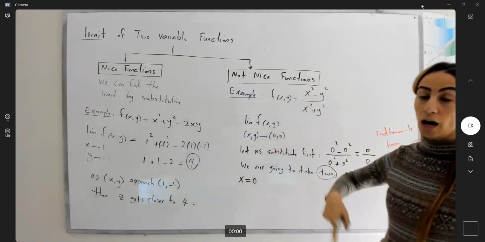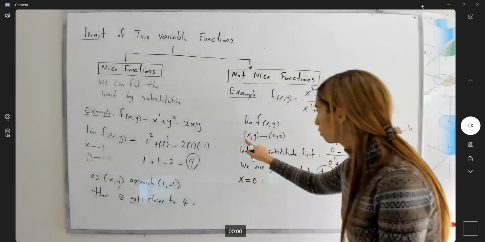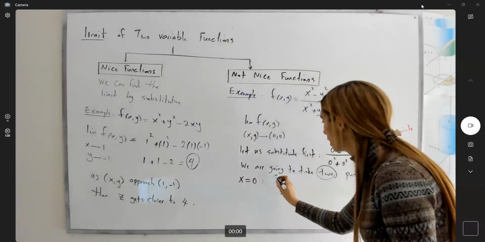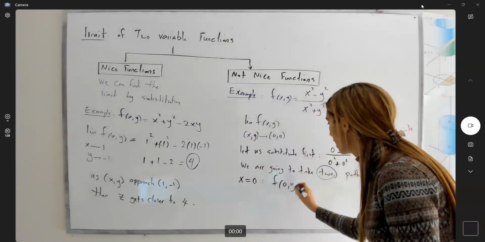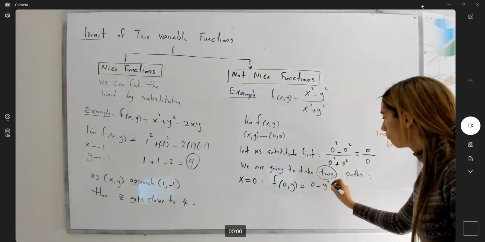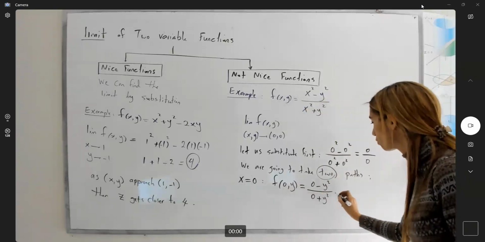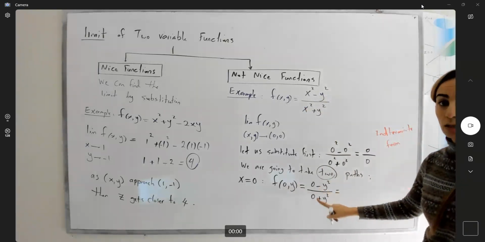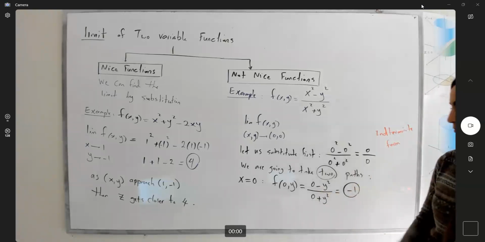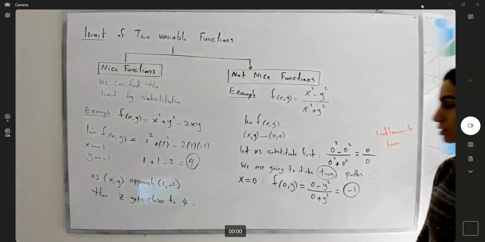It means that I am on the y-axis. If my x is equal to 0, this function is reduced to f of 0 and y, which is 0 minus y squared divided by 0 plus y squared, which is negative y squared divided by y squared, which is negative 1.